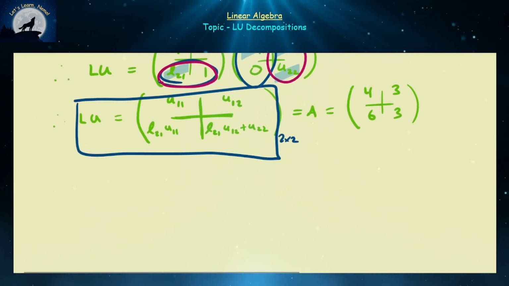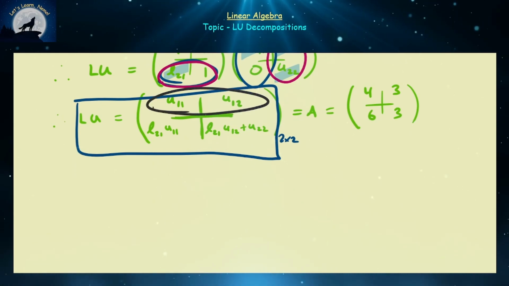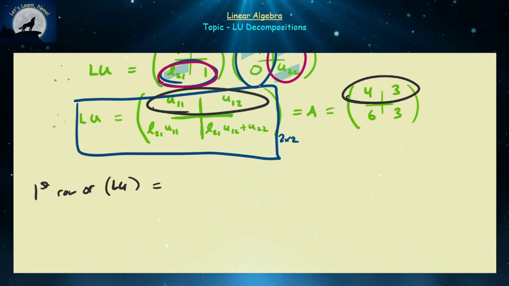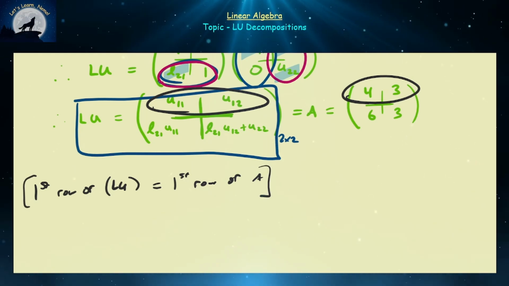So the very first thing we should be able to easily observe from this is that the first row of L times U equals the first row of A. That's by observation. And more importantly, it's U1,1 in the first cell and U1,2 in the second cell.